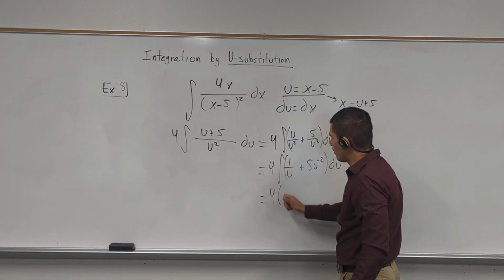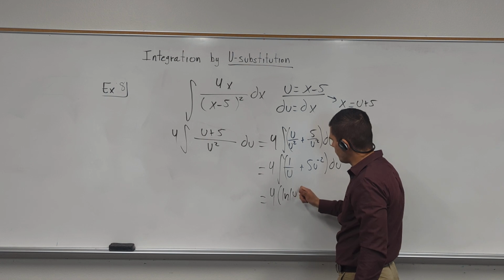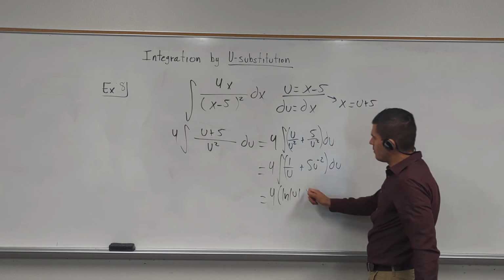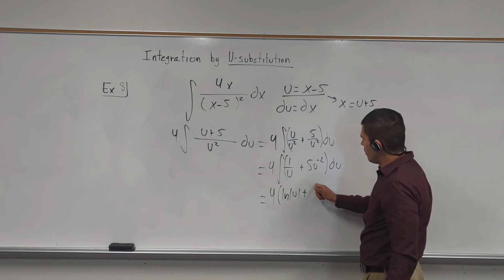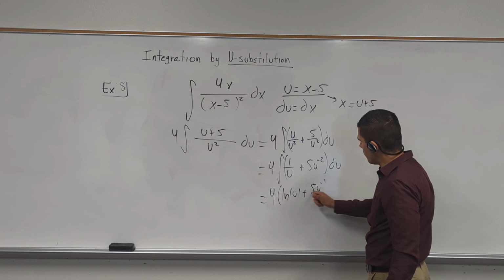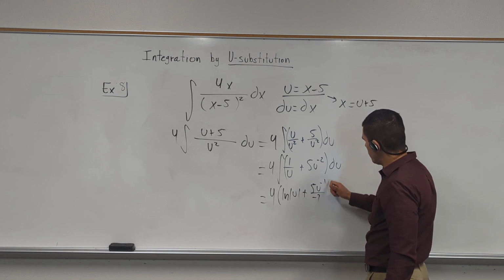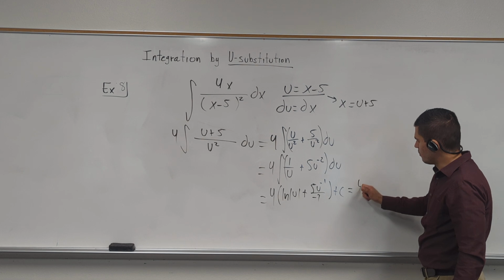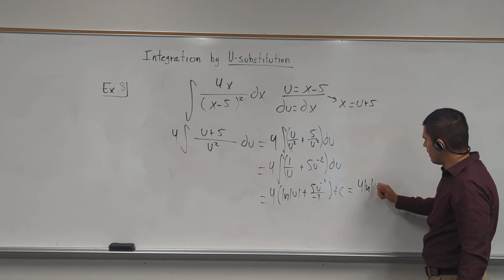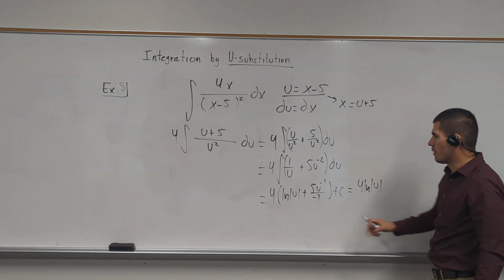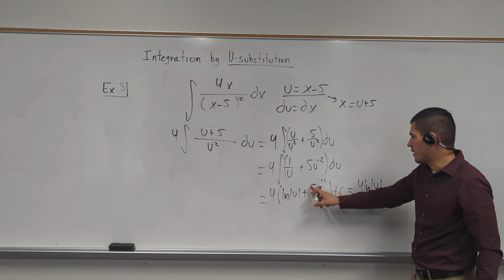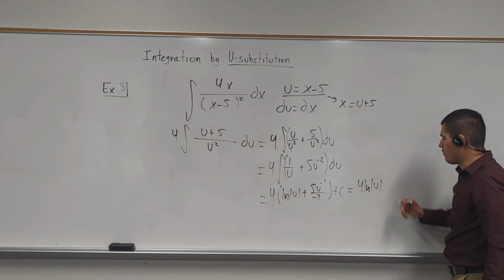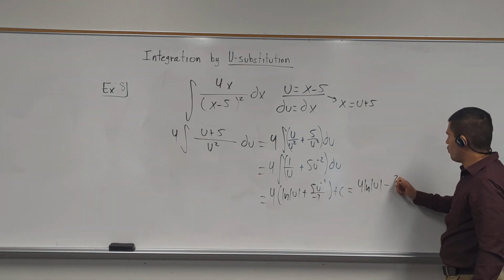Antiderivative of 1 over u would be natural log of the absolute value of u. Antiderivative of 5u to the negative 2 would be 5u to the negative 1 divided by negative 1 plus c. Let's clean that up. This would be 4 natural log absolute value of u. 4 times 5 divided by negative 1, that will be minus 20.